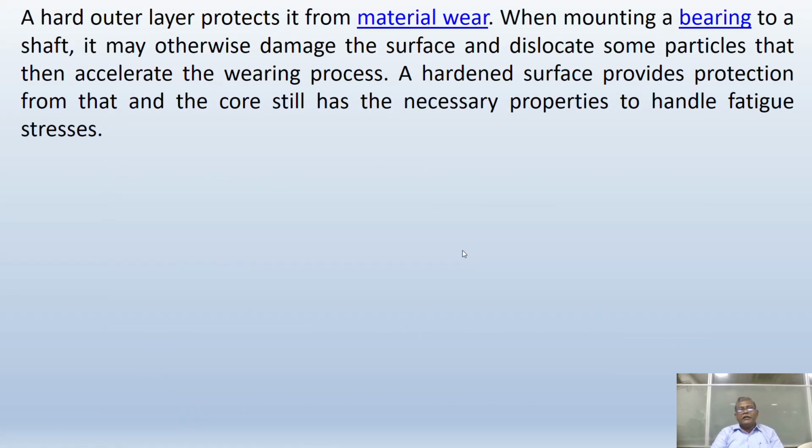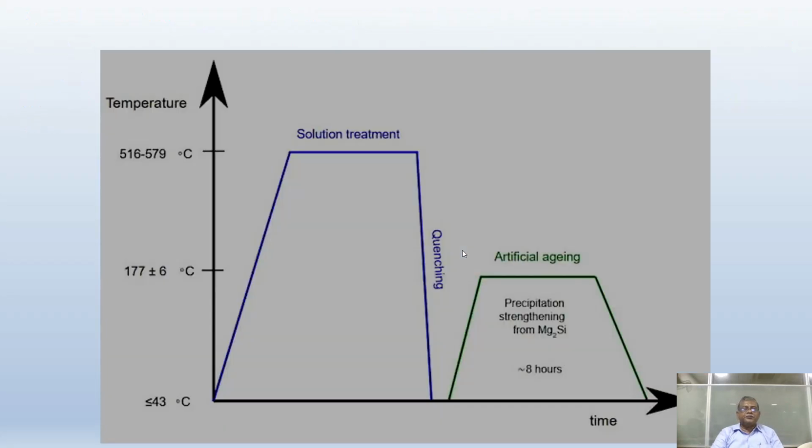The harder outer layer protects it from material wear. When mounting a bearing to the shaft, it may otherwise damage the surface and dislocate some particles that then accelerate the wearing process. The hardened surface provides protection from that, and the core still has necessary properties to handle fatigue stresses.